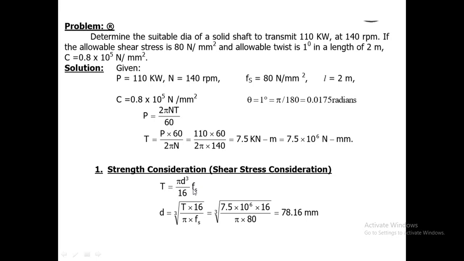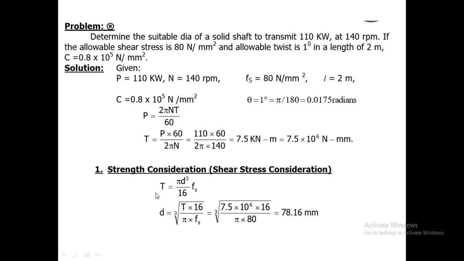Here you should be careful. The shear stress is given in Newton per millimeter square, so the torque should be in Newton millimeter. That's why the torque is converted into Newton millimeter here, and the shear stress is in Newton per millimeter square. So you will get the diameter in millimeter.